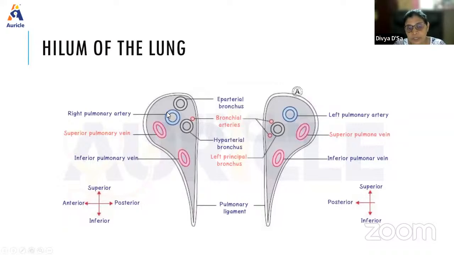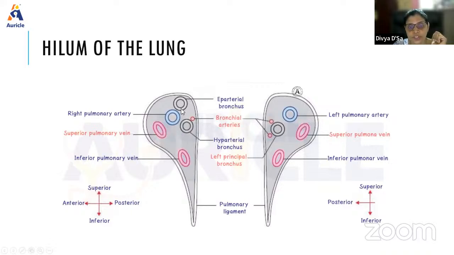So deoxygenated blood is brought to the lungs by the right and left pulmonary arteries. That is why it is shown in blue. Whereas these pulmonary veins take the oxygenated blood and open up in the left atrium. So that is why it's shown in red, okay?